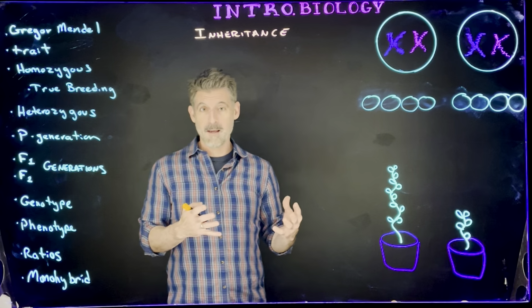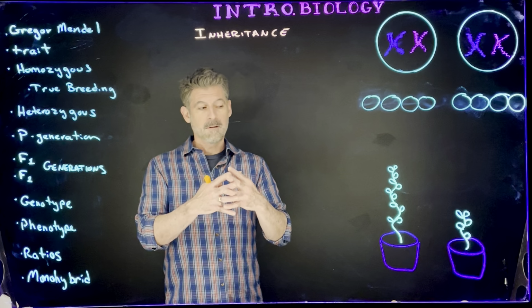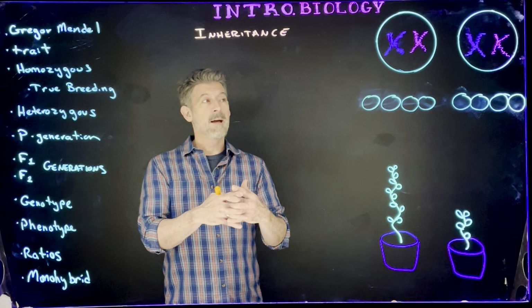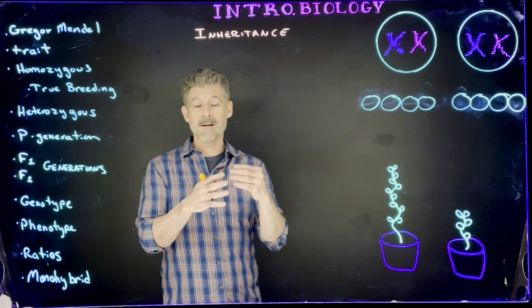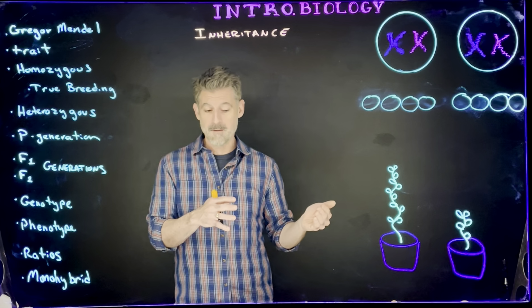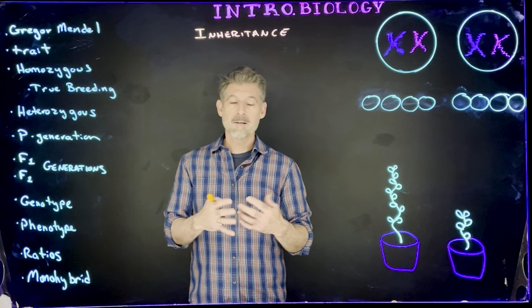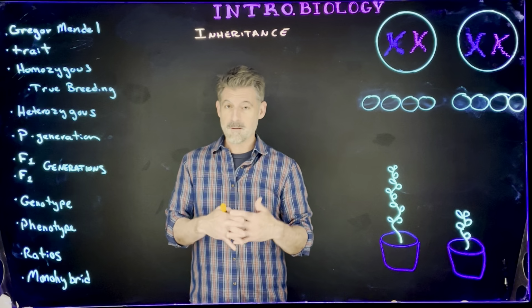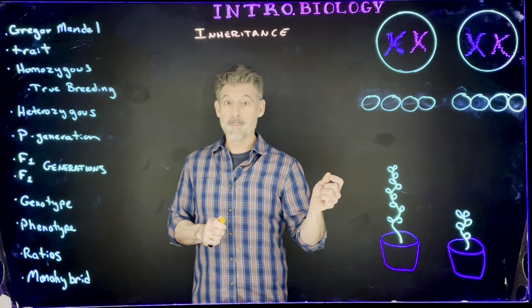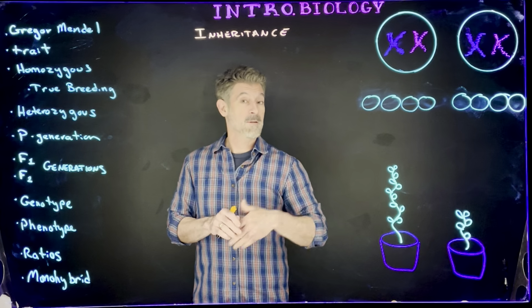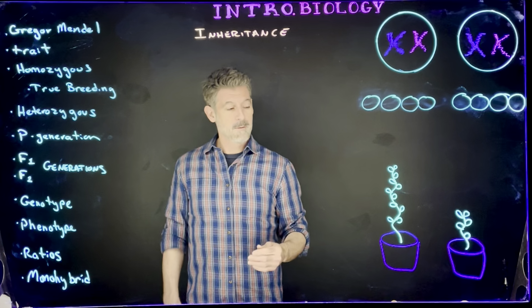But by focusing on characteristics that are easily definable and inherited in predictable patterns, he revealed the major patterns of inheritance in most all living things. He studied pea plants. In your class, you're growing pea plants as well, so you can see there's actually some purpose to that. There's a connection there.